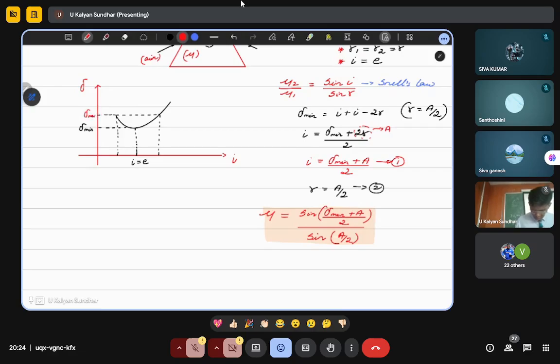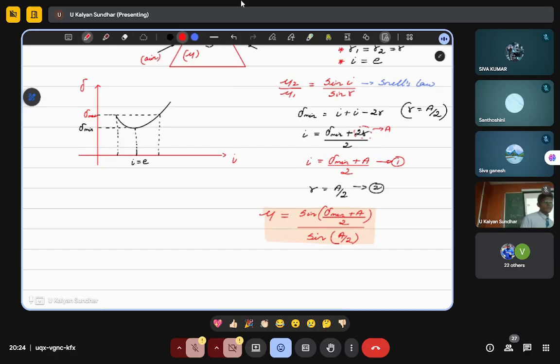And this will be your D maximum. So except for the D minimum, for any angle you take for deviation there will be two incidence angles.